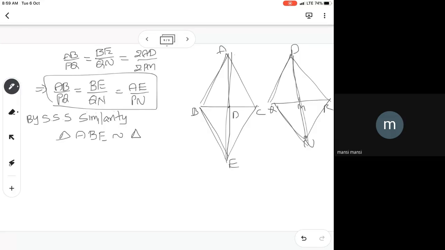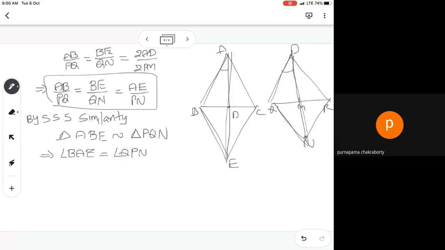Angle PQN. Very good. So therefore, if these two triangles are similar, you can say that angle BAE is equal to angle QPN. Yes, very good.